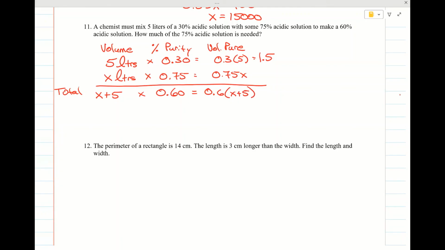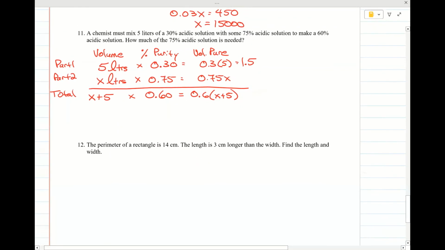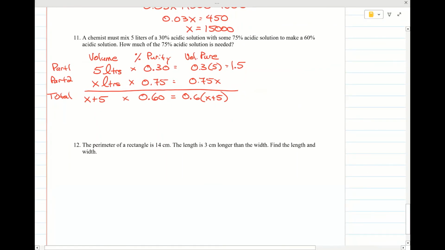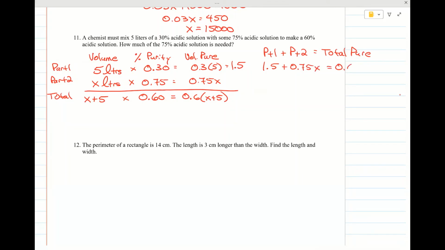Okay, so we have part 1 and part 2, and then we have the total underneath it. So the way we could handle this problem is to say that part 1 pure plus part 2 pure is equal to the total pure. So this would be 1.5 liters plus 0.75x liters is equal to 0.6 times X plus 5 liters.